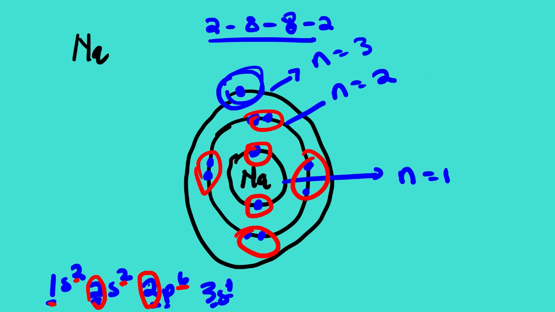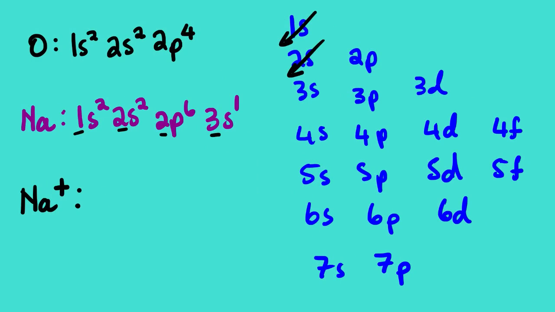Now going back to our electron configuration of ions, you should listen to this. Where do we remove the electrons in order to get the electron configuration of an ion? We remove on the highest energy level.